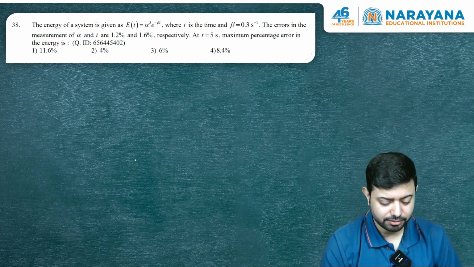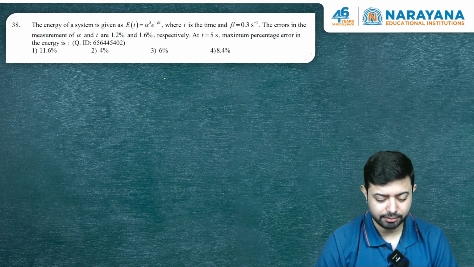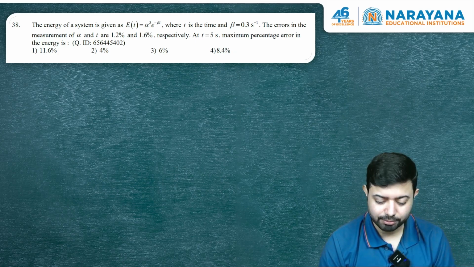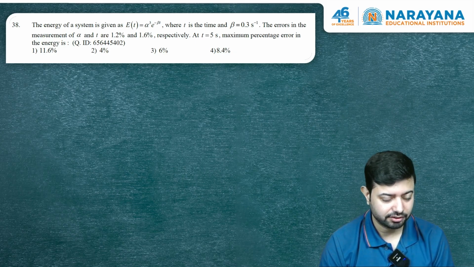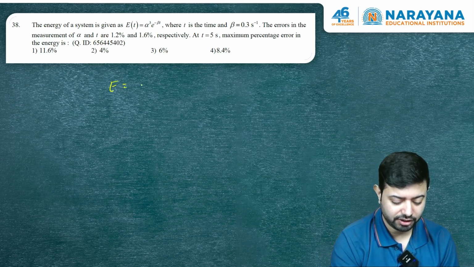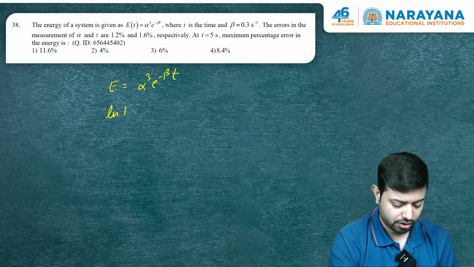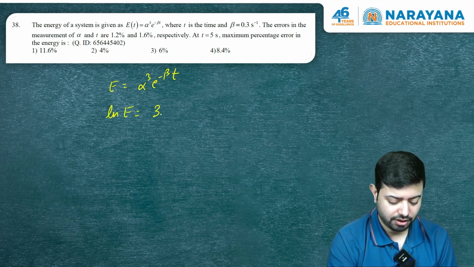The energy of system is given as this, where t is time and beta is 0.3 per second. The errors in the measurement of alpha and t are 1.2% and 1.6%. At t equal to 5 second, what is the maximum percentage error in the energy? My formula is E is alpha cube e to the power minus beta t. Take ln. ln E is 3 ln alpha minus beta t.